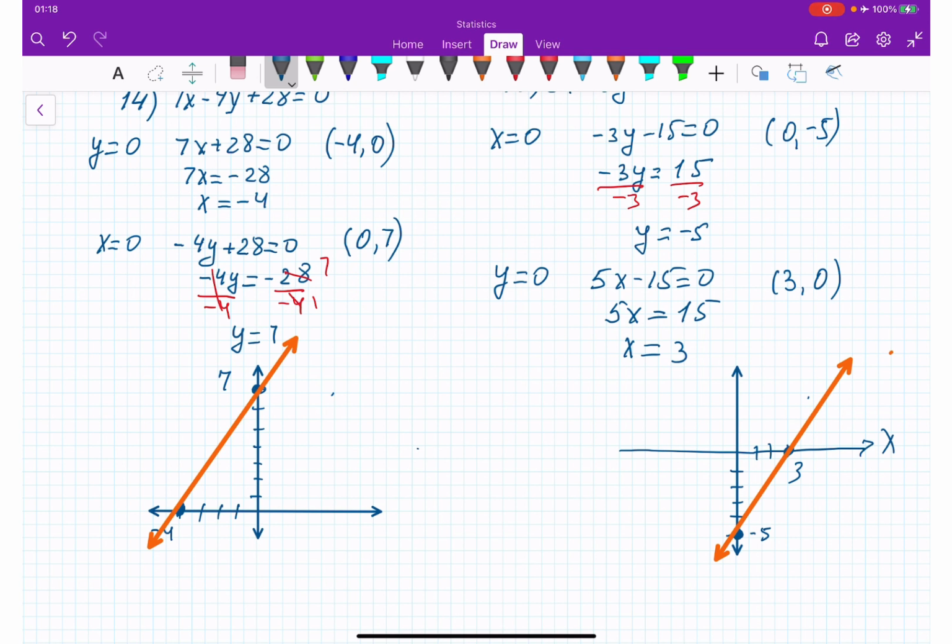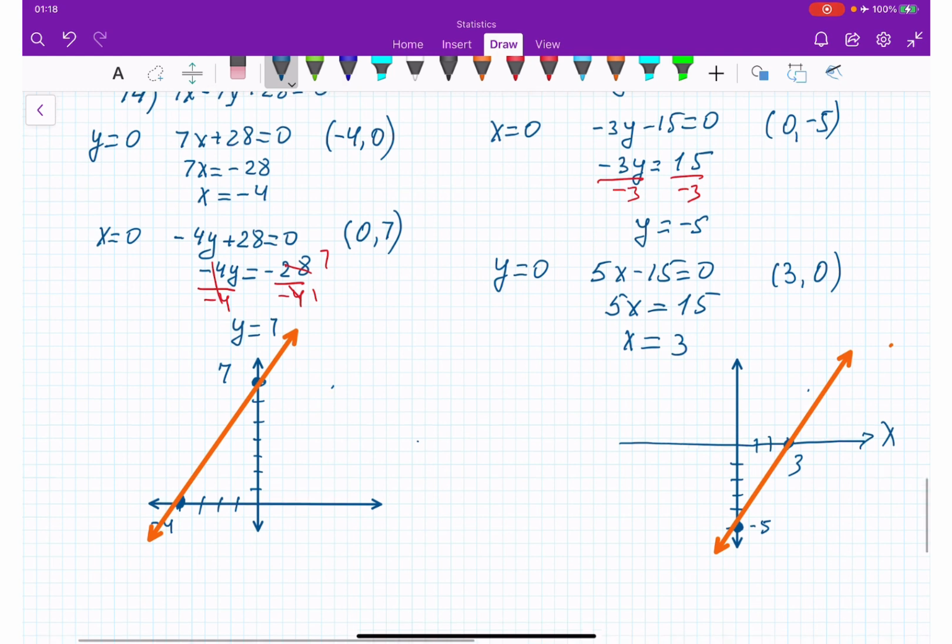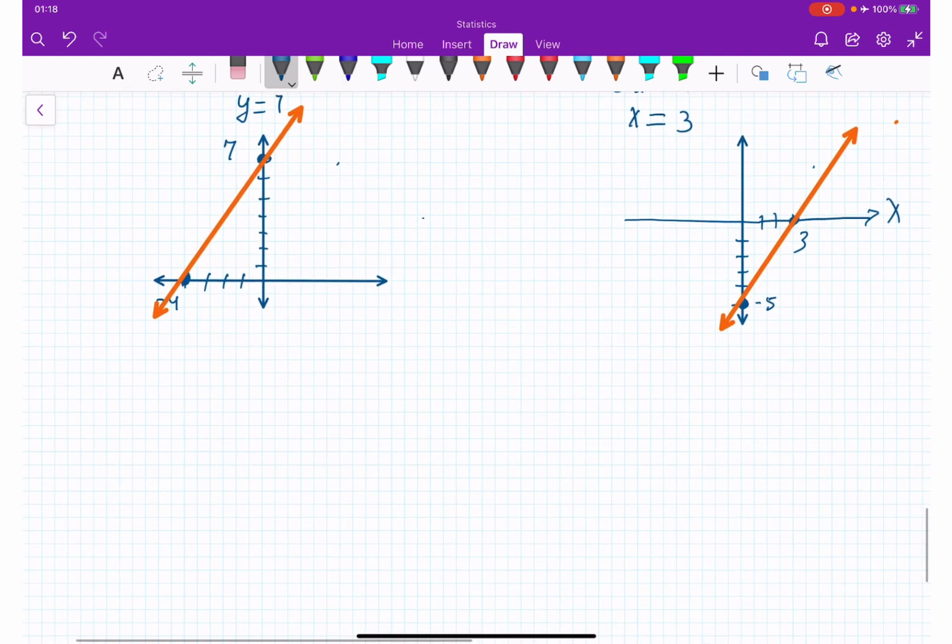Okay. Question number 16. We have 2 more problems and I will be done. Practicing again intercept.